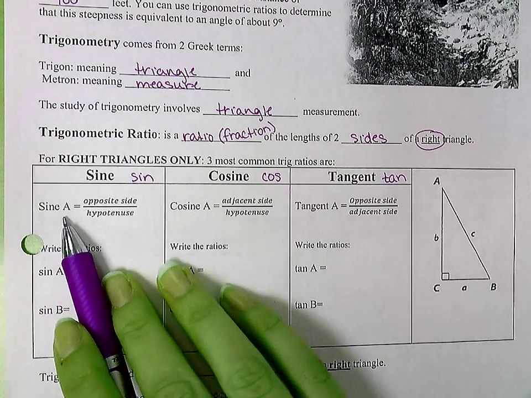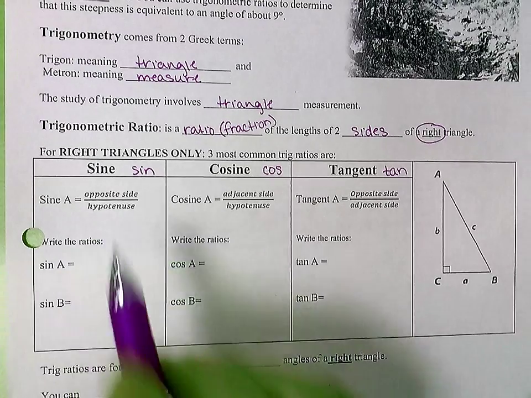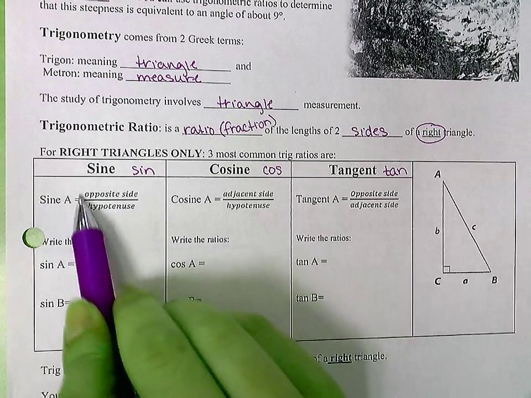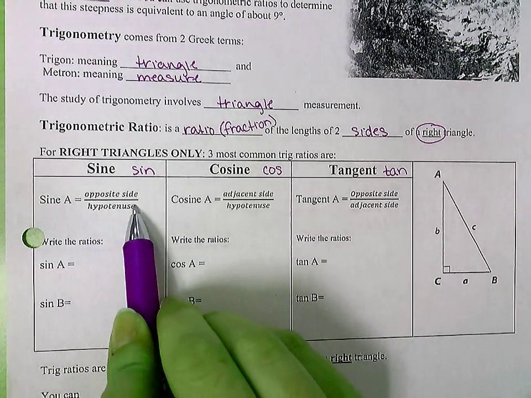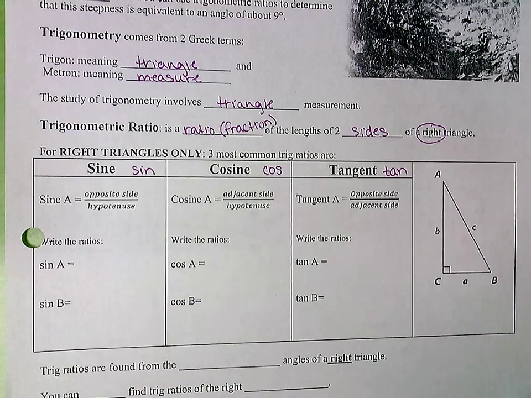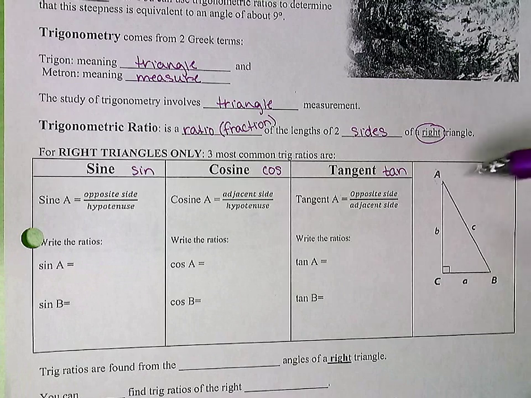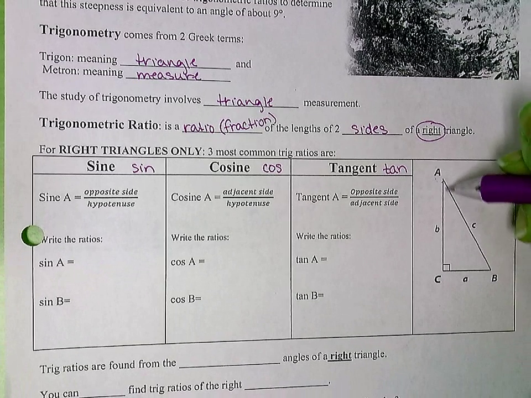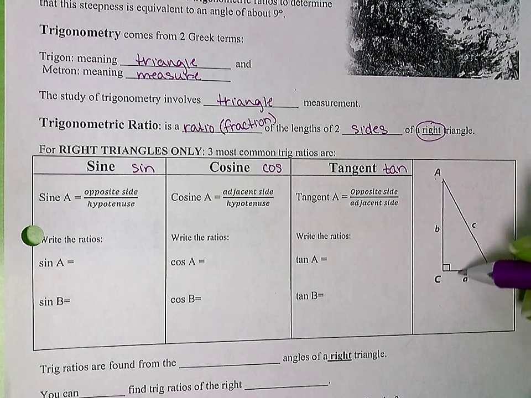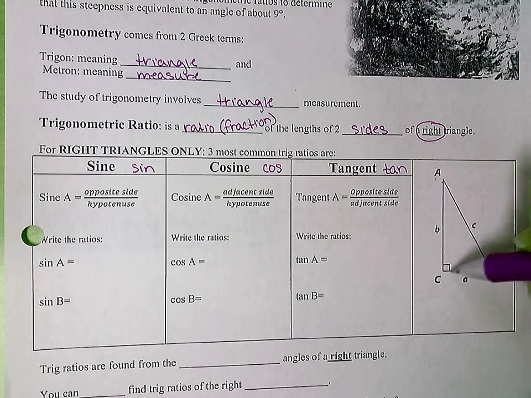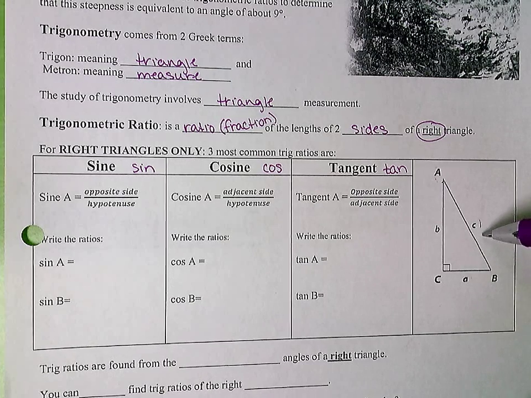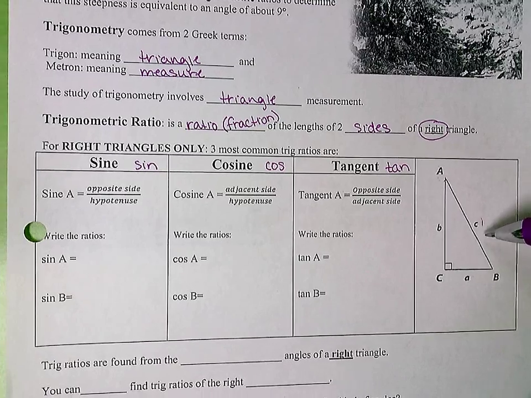When we're finding sine of angle A, you're going to take the opposite side over the hypotenuse. Going from angle A, your opposite side is the side across, and your hypotenuse is always opposite that 90 degrees, so that would be your hypotenuse over here.